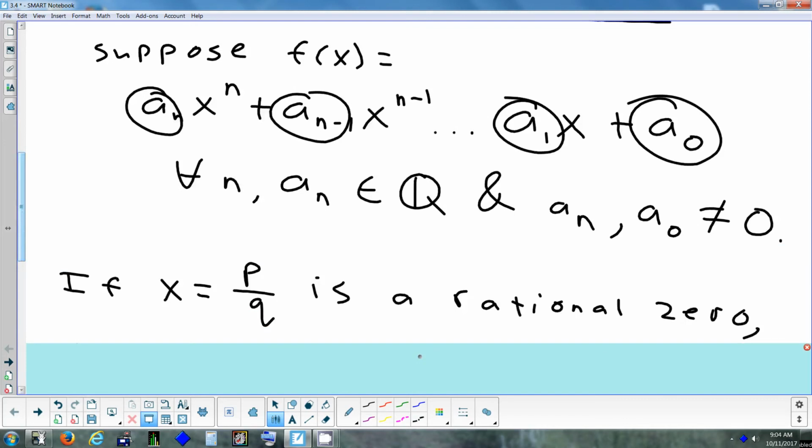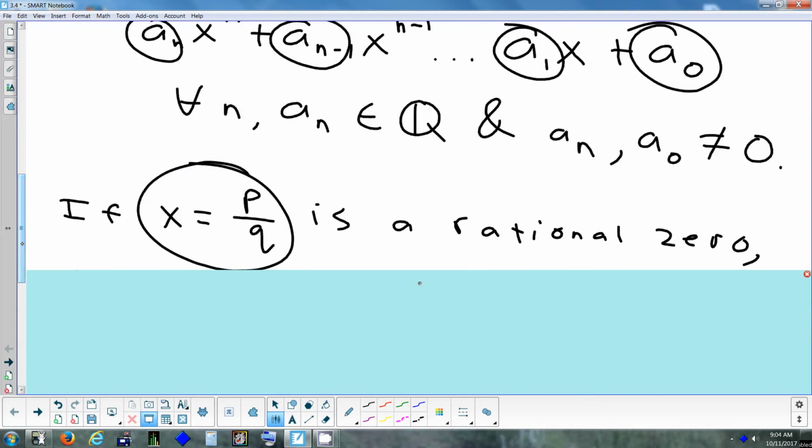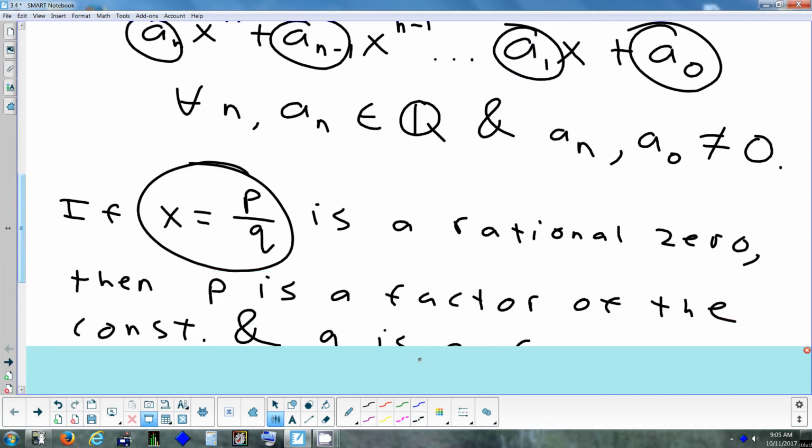So, if there is a rational root, or if there's a place where this graph crosses the x-axis and you can write that location as a fraction, it can be written just like this, p over q. And there's a criteria for what p has to be and for what q has to be, and it comes from what's up above. So p is a factor of the constant.